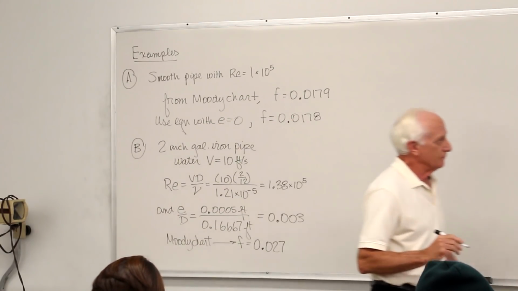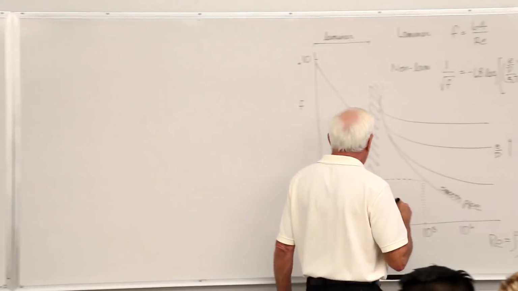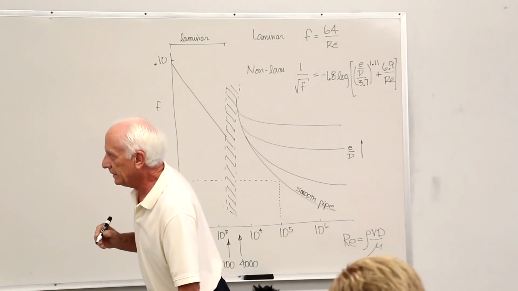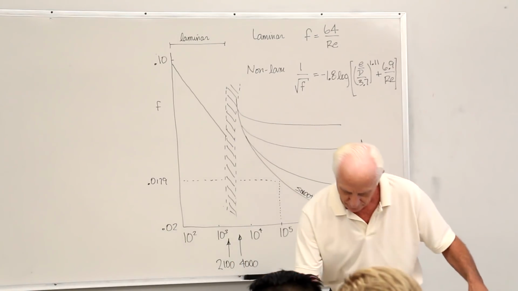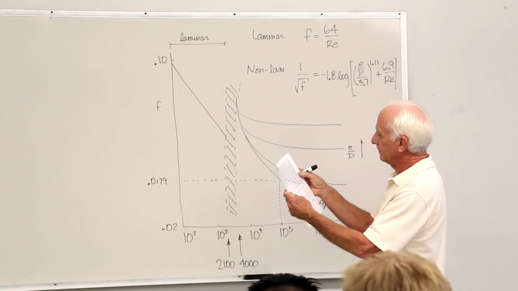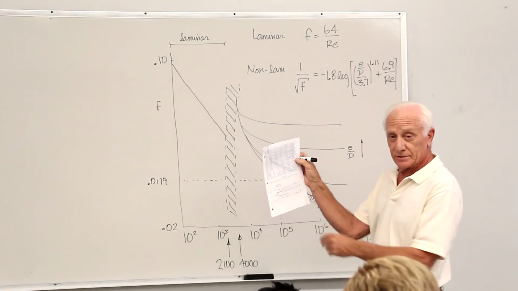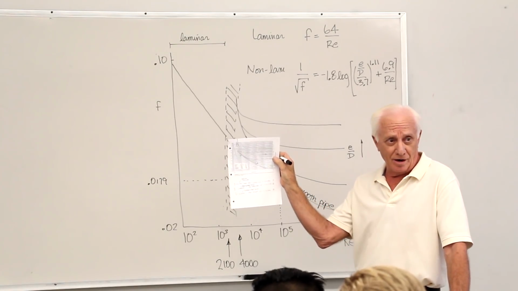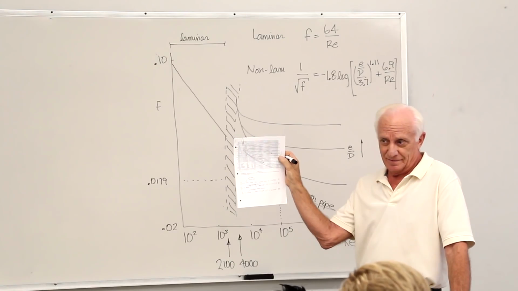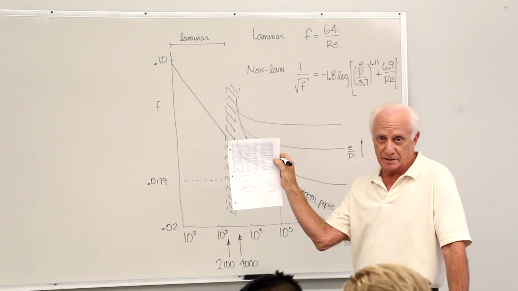So I go over here. I find the line E over D 0.003. There's a 0.002 and there's a 0.004 on this graph, which means you have to interpolate.